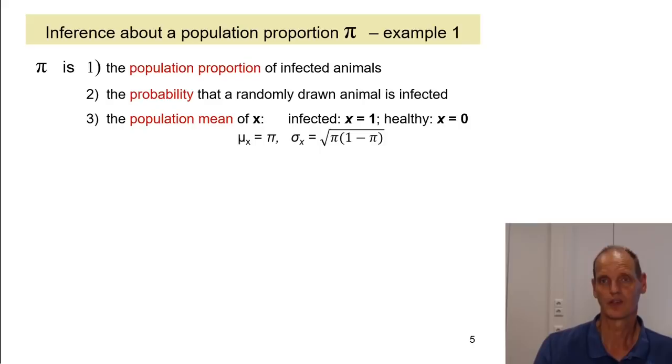Thirdly, it is the population mean of x if we define x as 1 for infected animals and x is 0 for non-infected animals. And it appears that the standard deviation can also be calculated: square root of pi times 1 minus pi.